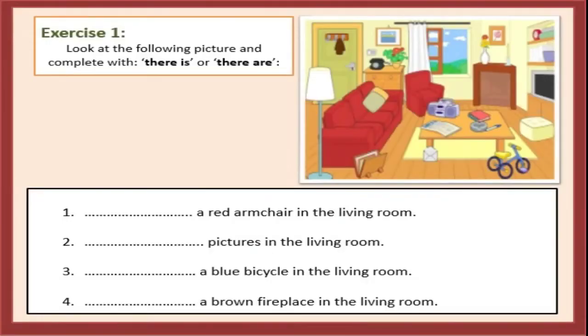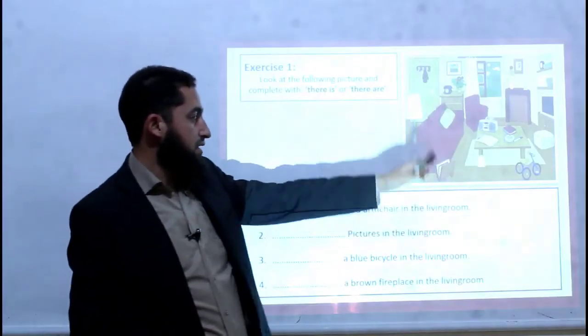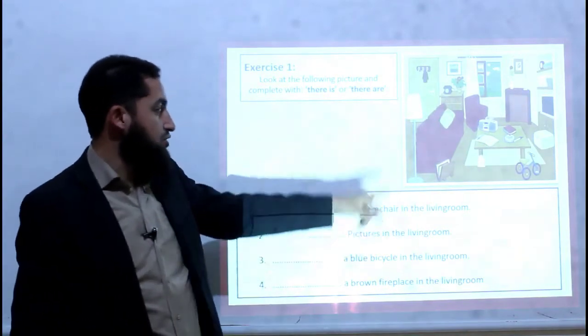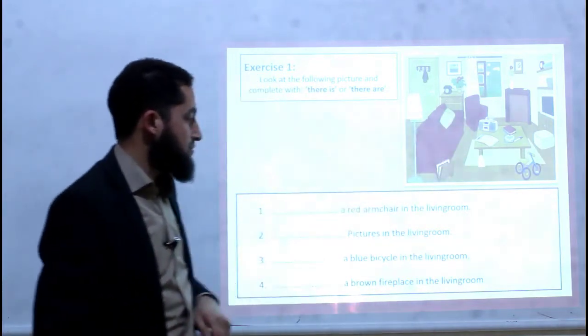The next example, so now we are going to see an exercise. Exercise number 1, look at the following picture and complete with there is or there are. A red armchair in the living room. So do we have a red armchair in the living room? Yes, this is a red armchair.